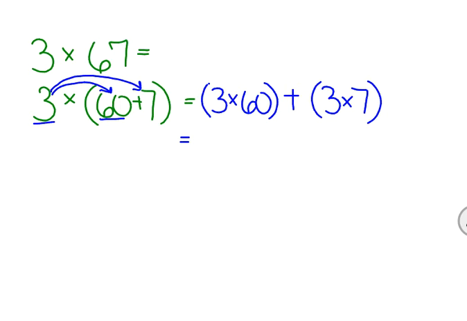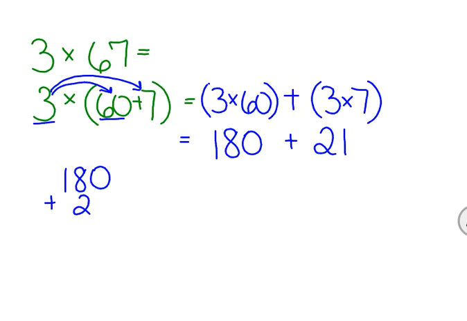So now I'm going to do 3 times 60, which is 180. 3 times 7 is 21. Now again, I have to add those 2 products, 180 and 21. That is 201. So 3 times 67 is 201. Okay, I will show you one more example.